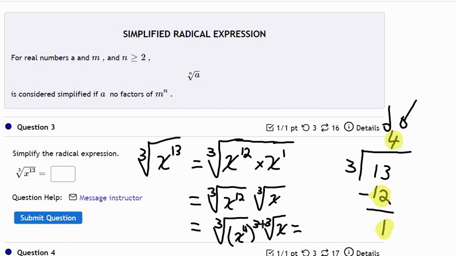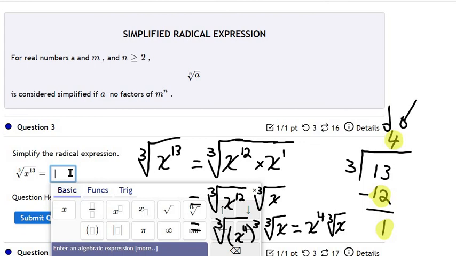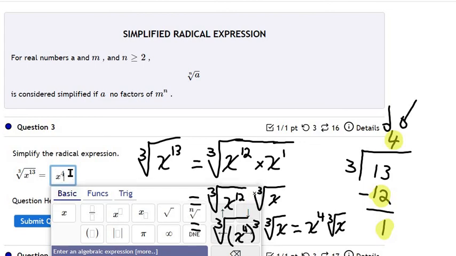The cube root and the cube cancel, leaving just x to the 4th. But I still have the cube root of x in my answer. So the answer should be x to the 4th times the cube root of x. That's what we type in here: x to the power of 4, multiplied by the cube root of x.